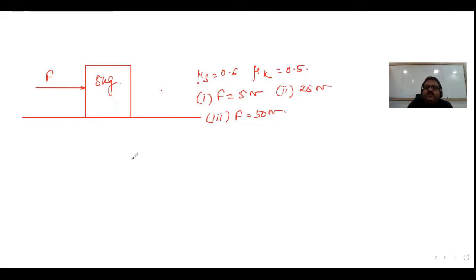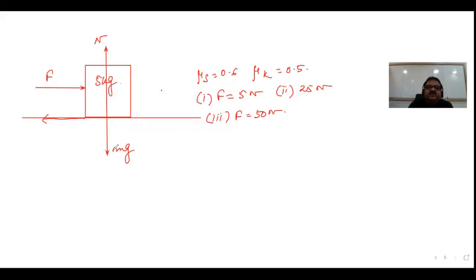So let's start solving the problem by finding the value of the normal reaction. This is equal to mg, that is N. Now, when the force acts on it, obviously the force of friction will act in the opposite direction. Confusion may arise about what kind of force of friction will act, so I will check it later on.